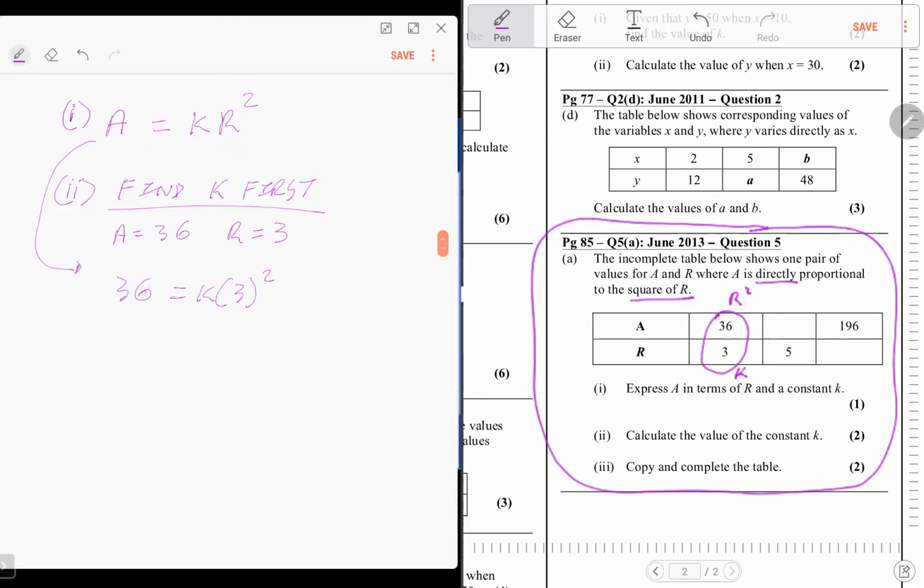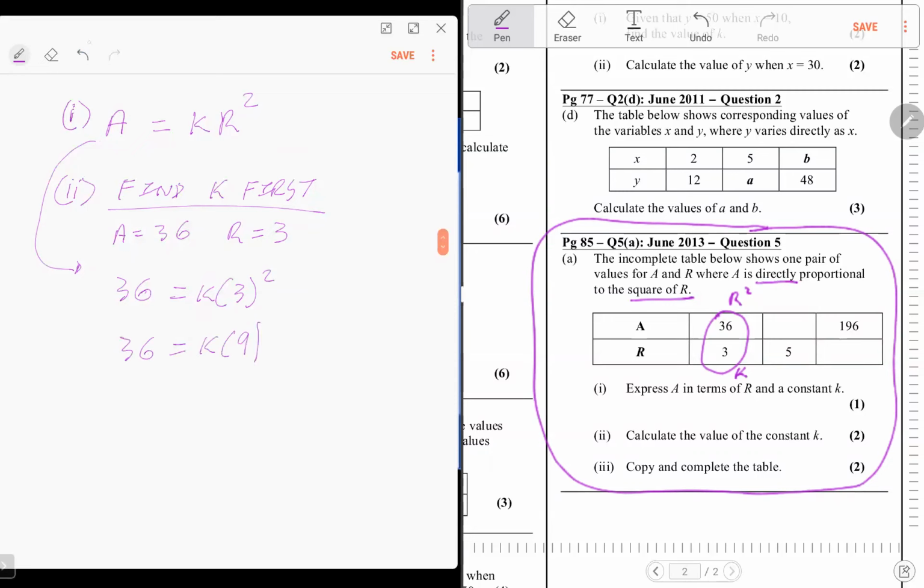Hope you understand that, because the A is 36, see there? And the R is 3, see it there? Let's put them in the formula, and we're trying to find the K. So the 3 squared here is 9. It means that 36 equals K times 9.